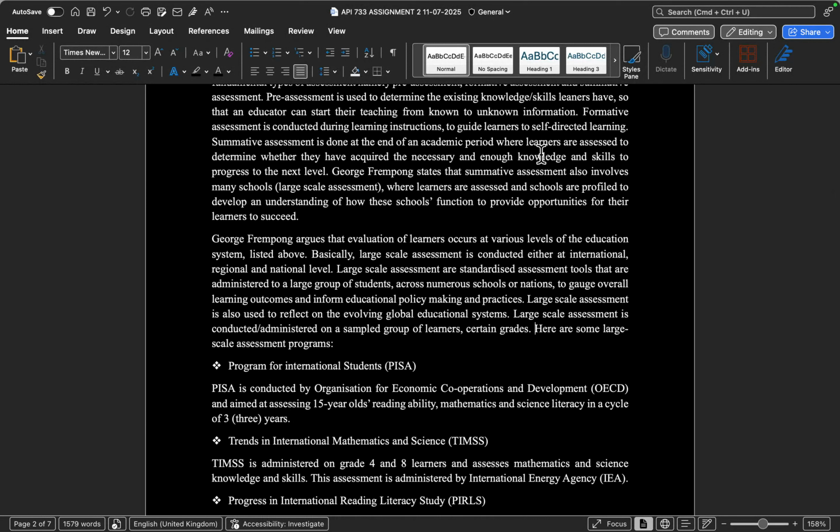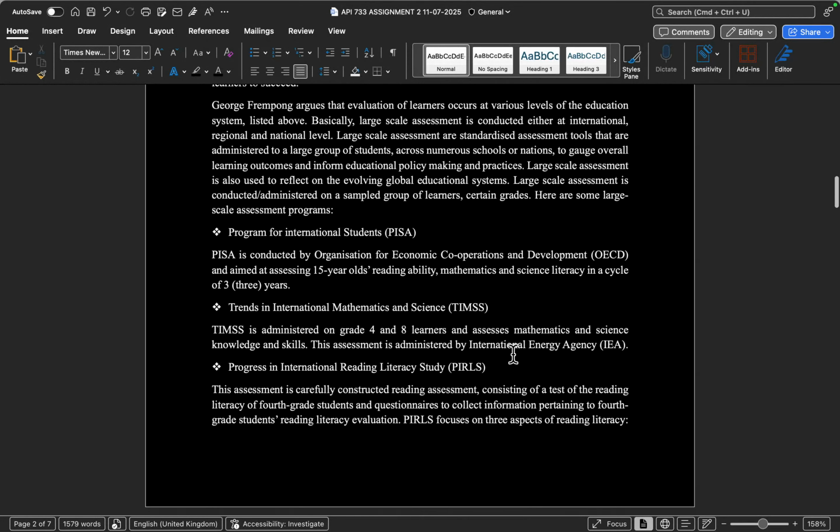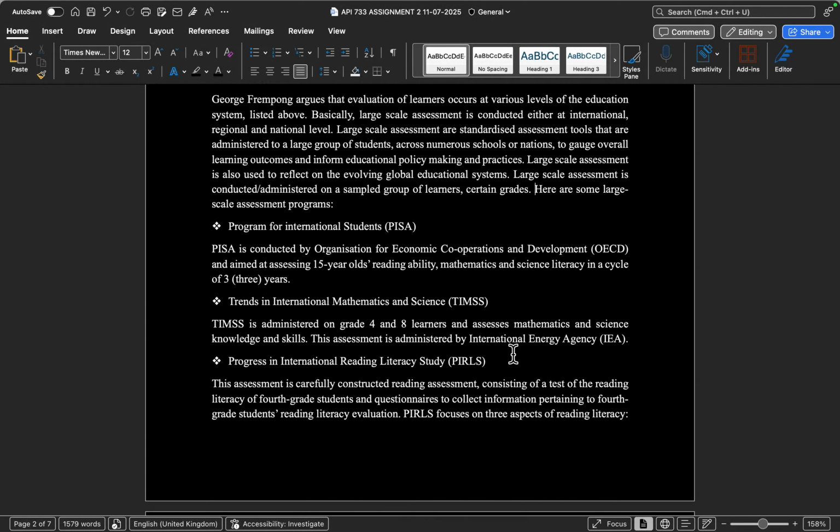This program is conducted by the Organization for Economic Cooperation and Development, and aims at assessing 15-year-olds' reading ability, mathematics and science literacy, in a cycle of 3 years.